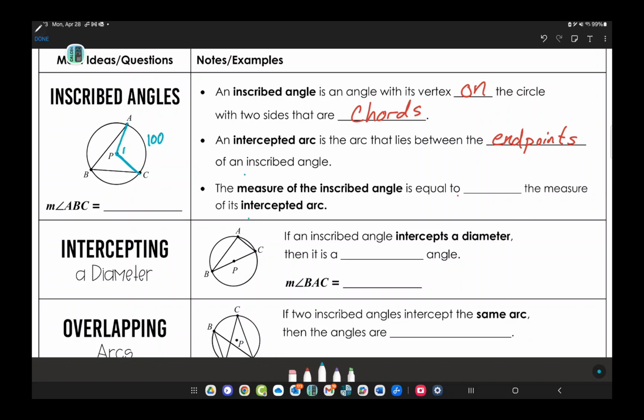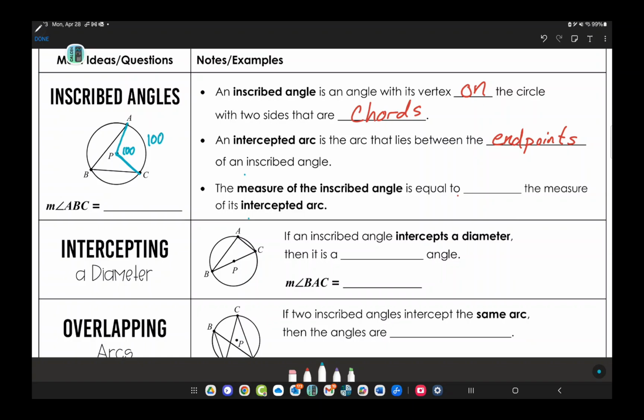There you go, 100. Now, how far away is the vertex of the inscribed angle to the arc versus the vertex of the central angle to the arc?